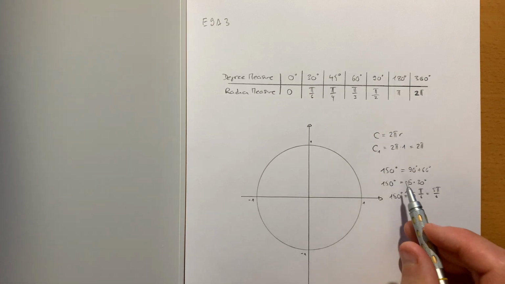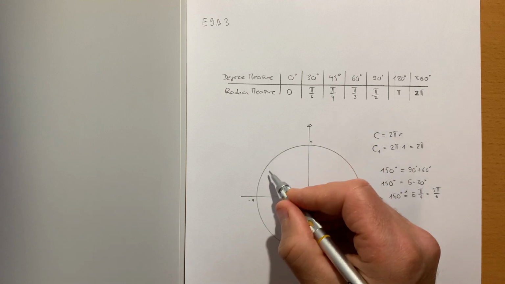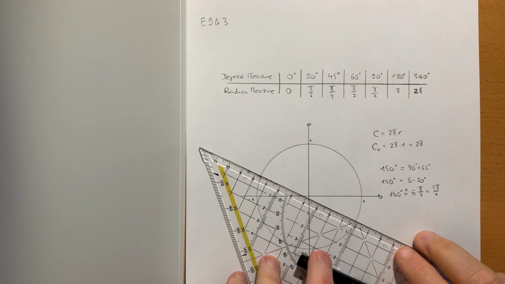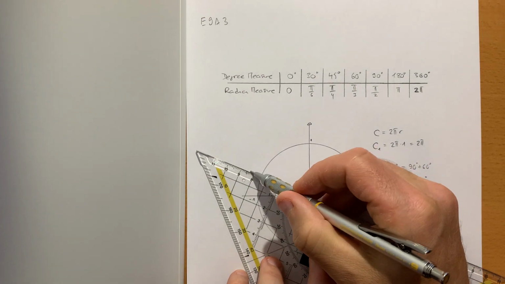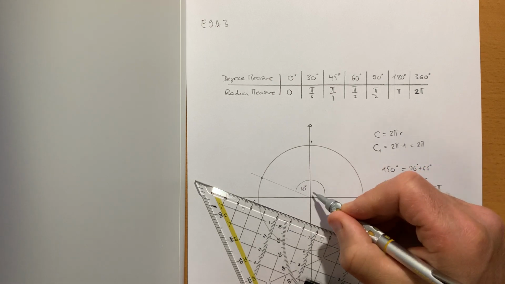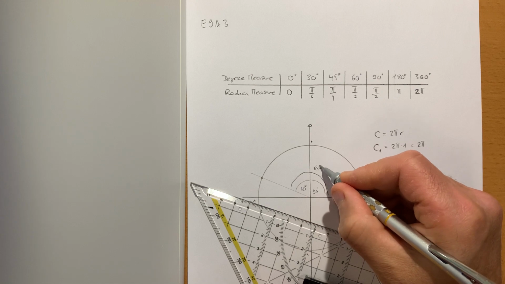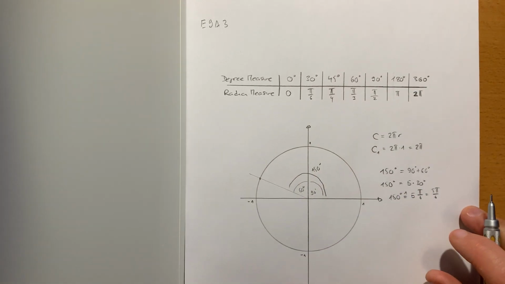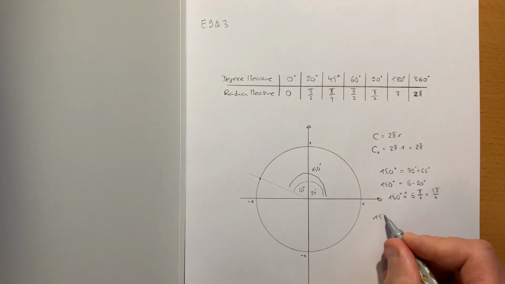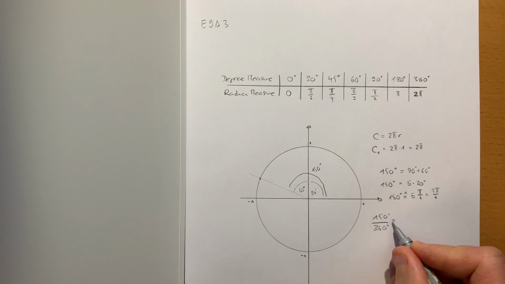You could also say 150 degrees is 90 plus 60, so it would be somewhere here. Okay, more or less, it's just a sketch. So this is 60 degrees. This is 90 degrees. So the whole thing will be 150 degrees. You could say the length of this arc is 150 360ths of 2 pi.